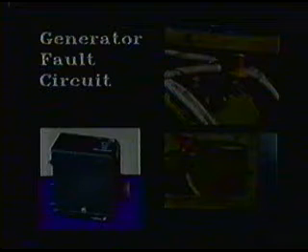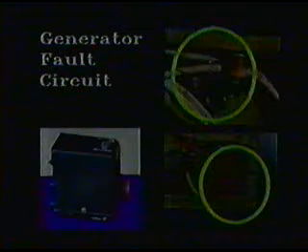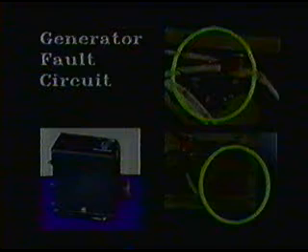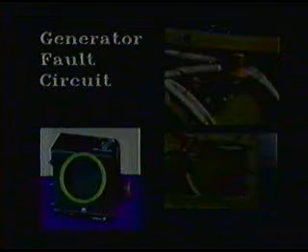The generator fault circuit is almost identical in operation to the battery fault system. Although unlike the battery fault system, the two circuits are totally isolated and independent. The components of the fault system include transformers installed at each end of the major generator wires and the components of the fault circuitry itself, which is contained inside the control panel.